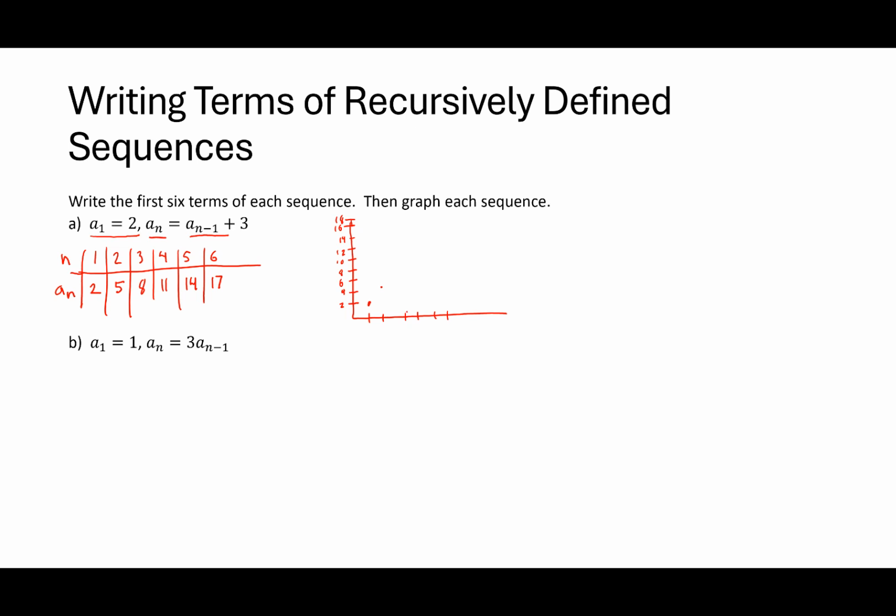Now my lines are not perfect because we're kind of just sketching these, but even with my poor sketch, one thing we should see happening is we should be able to still see the approximate shape of this, which is coming out to be a line. Okay, arithmetic sequences are linear.